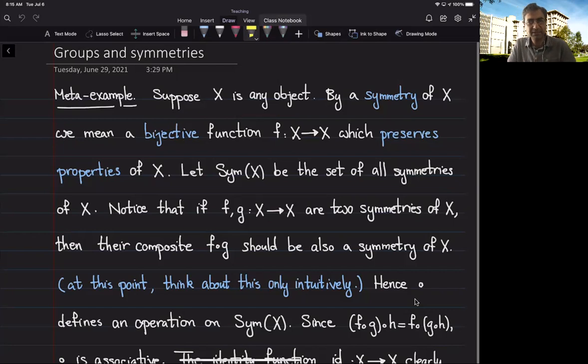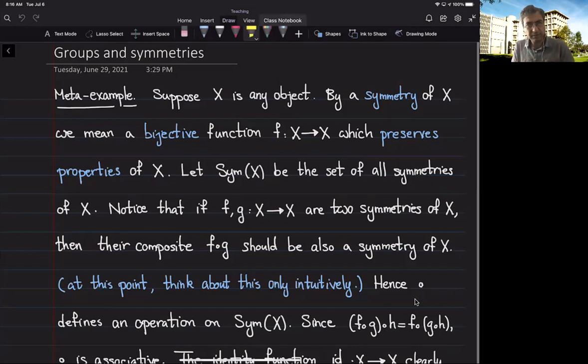For instance, if X is a graph, by properties of this graph, we mean that vertices are sent to vertices, and if two vertices are connected to each other through an edge, then when I send V by F to F of V and W to F of W, V and W are connected to each other precisely when F of V is connected to F of W. Or when X is a linear space, then F preserving properties of this linear space essentially means that it's a linear function.